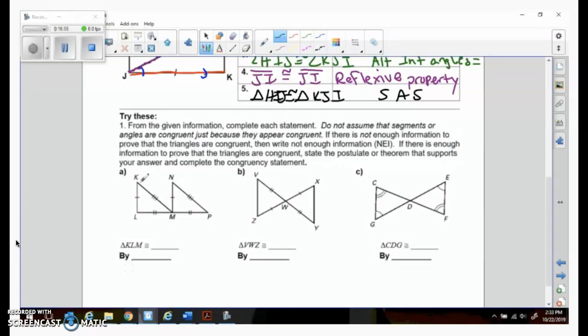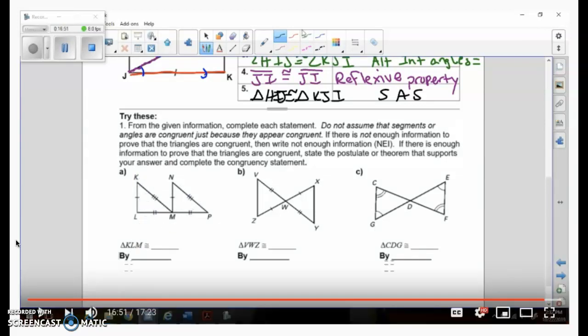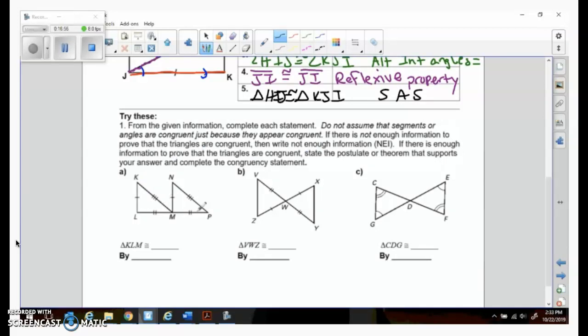So we are going to take a look at an example. So we're looking at KLM and which one. Okay, so we are going to try an example now. So we look at KLM and NMP. So which one goes with K? Well, it's between the 1 hash mark and the 3.